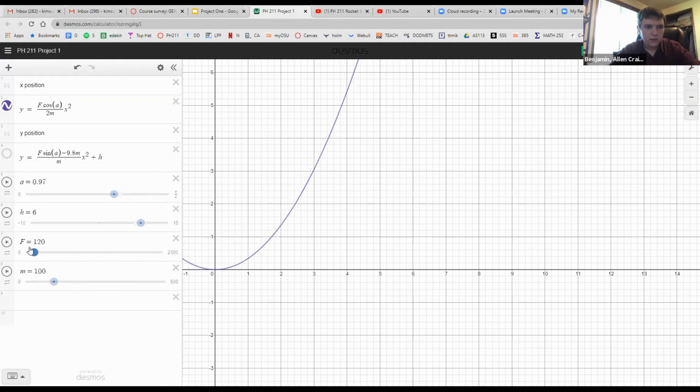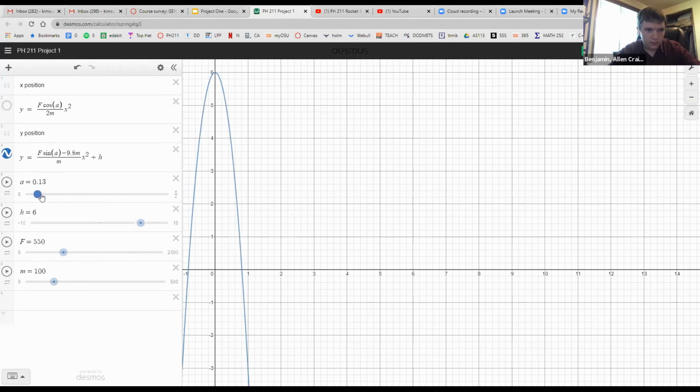If we have less of a force of thrust, then it's not going to accelerate as quickly, and if we have more, it'll accelerate more quickly. These are all things that we would expect. Similarly, for the y position, you can do the same kinds of things and you can see things changing.